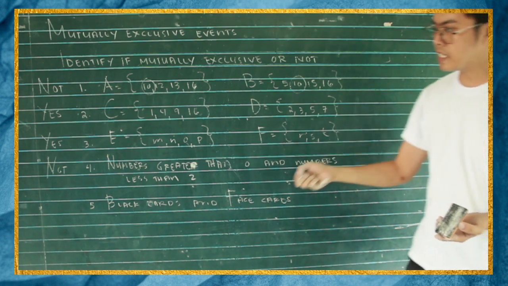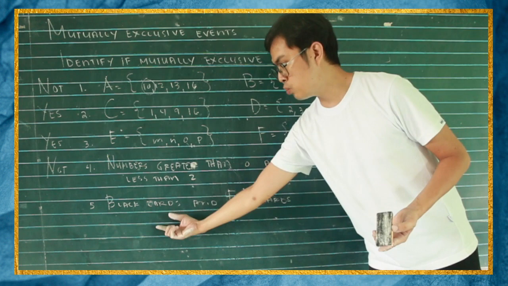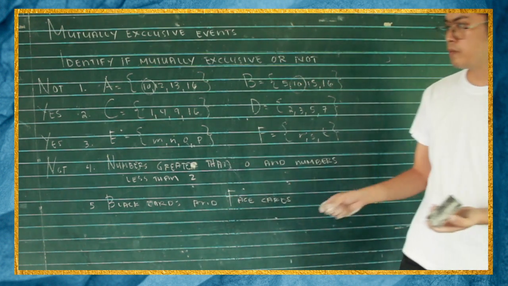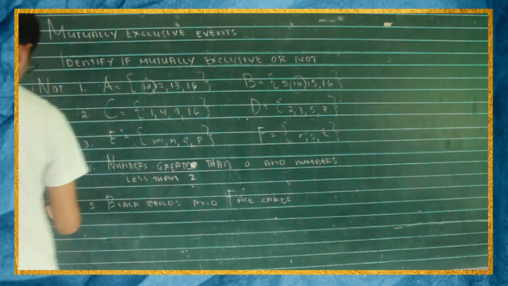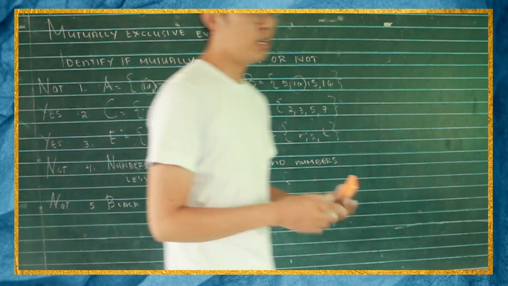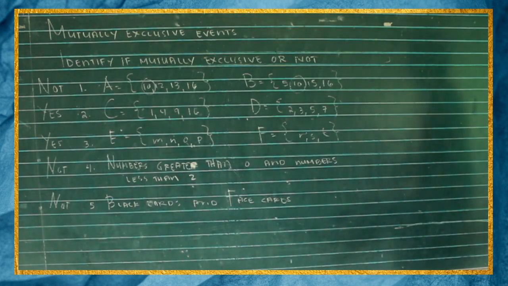So there is an intersection between the black cards and the face cards. So number 5 is not a mutually exclusive event. That is how to identify if the given events or sets are mutually exclusive or not.